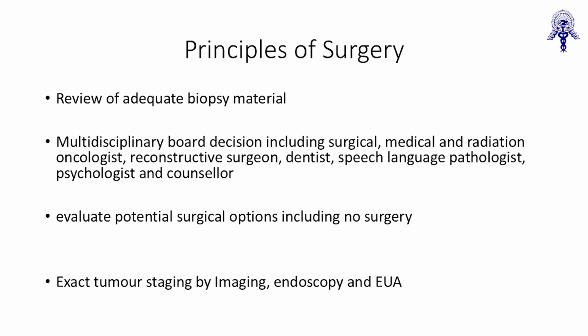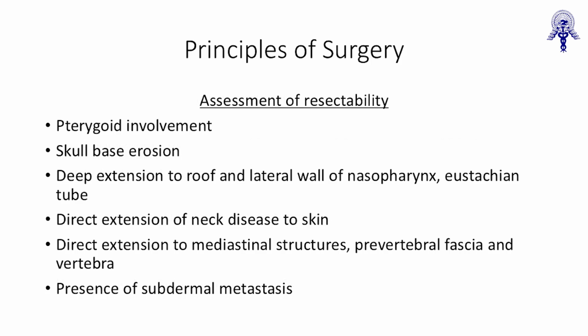These are the things which are asked. Review of the adequate biopsy material, multidisciplinary board decision in all oncosurgical procedures. It's a team. Potential surgical options including no surgery, exact tumor staging, and that depends on imaging, endoscopy as well as imaging, examination under anesthesia.